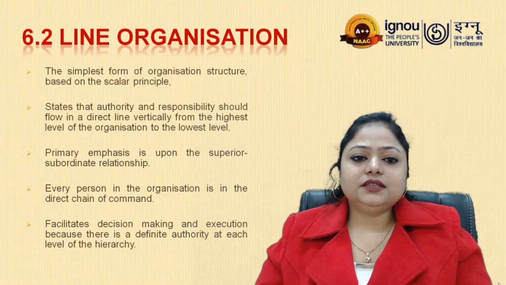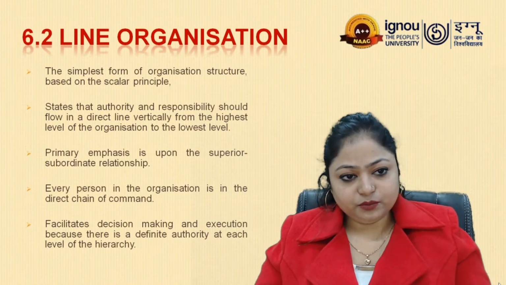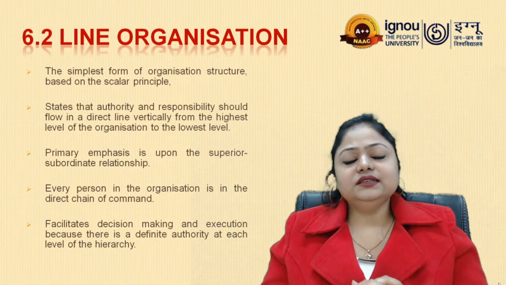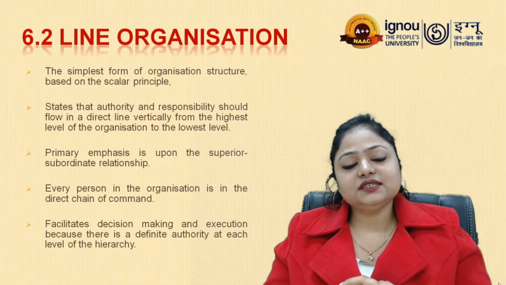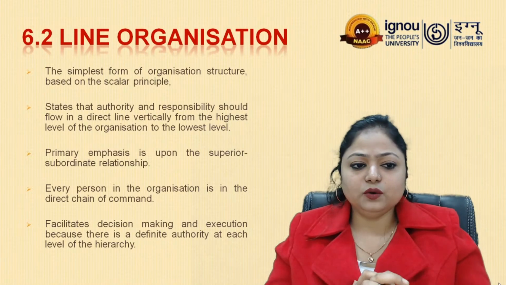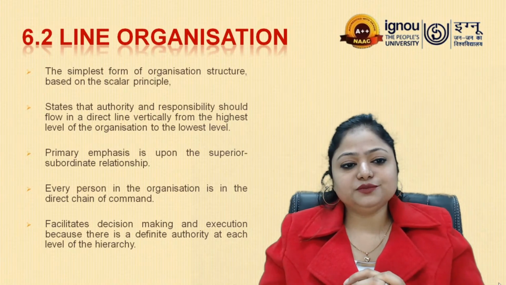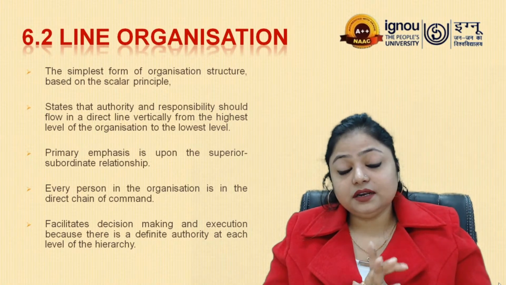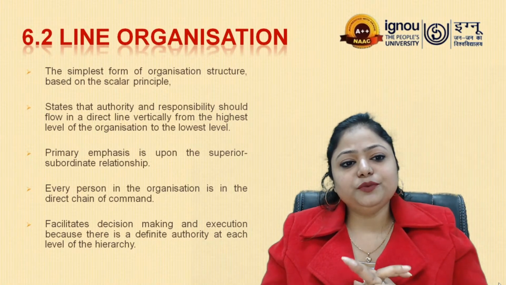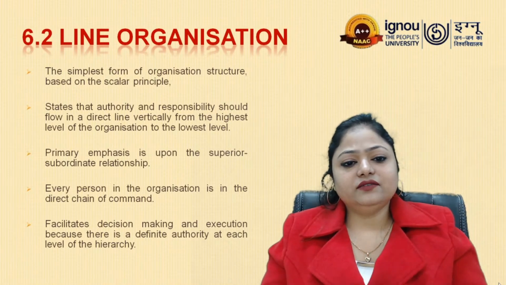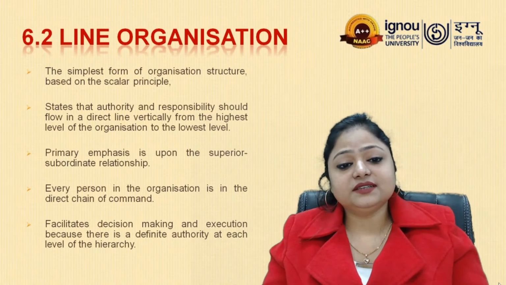Let's discuss these organizational structures one by one. So, first is the line organization. What is this? It is the simplest form of organizational structure, based on the scalar principle from Henri Fayol's 14 principles of management. It states that the authority and responsibility relationship should flow in a direct line, vertically, from the highest level of the organization to the lowest level.